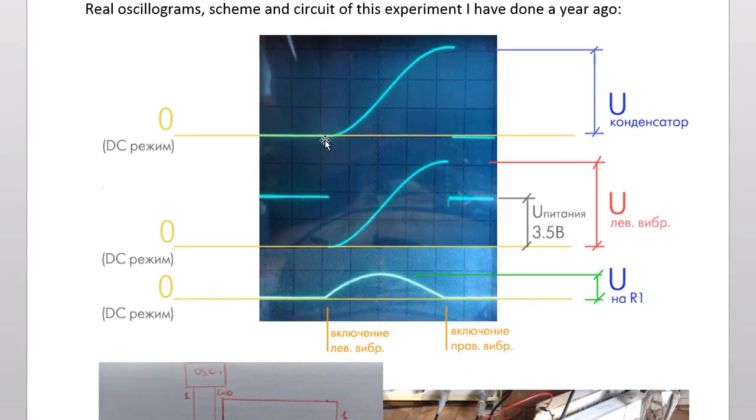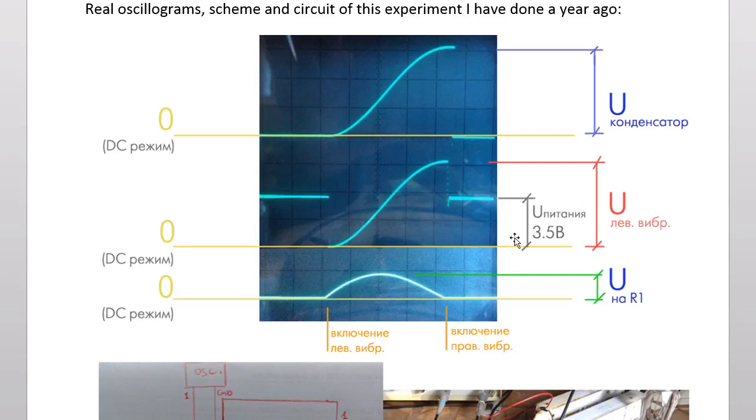So the first is the charging of the capacitor. The second is the voltage across the inductor. I have used DC mode on the oscilloscope. Sergey used AC mode. We have slightly different oscillograms, but the logic and the result are the same.